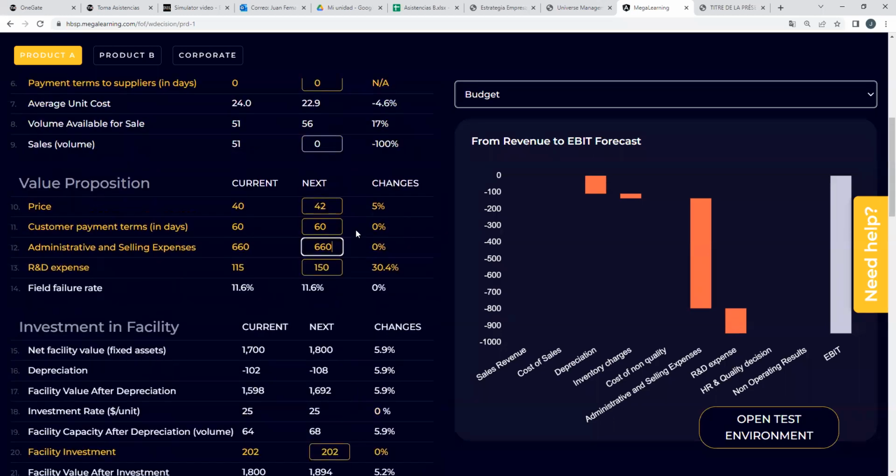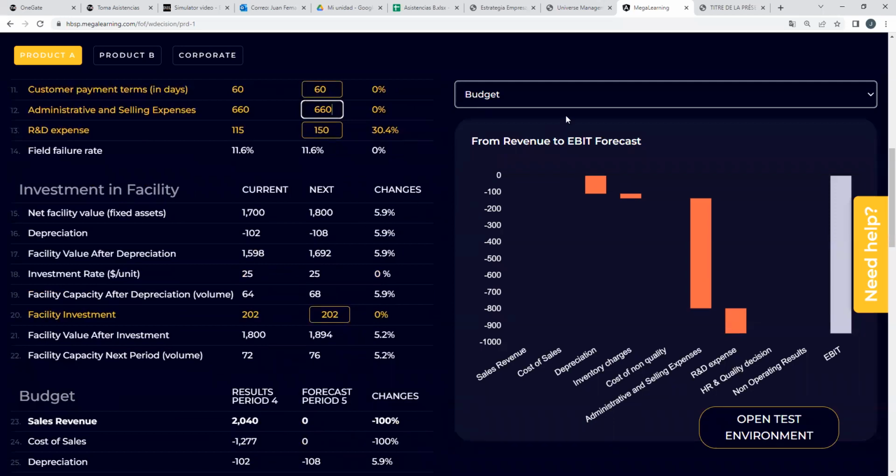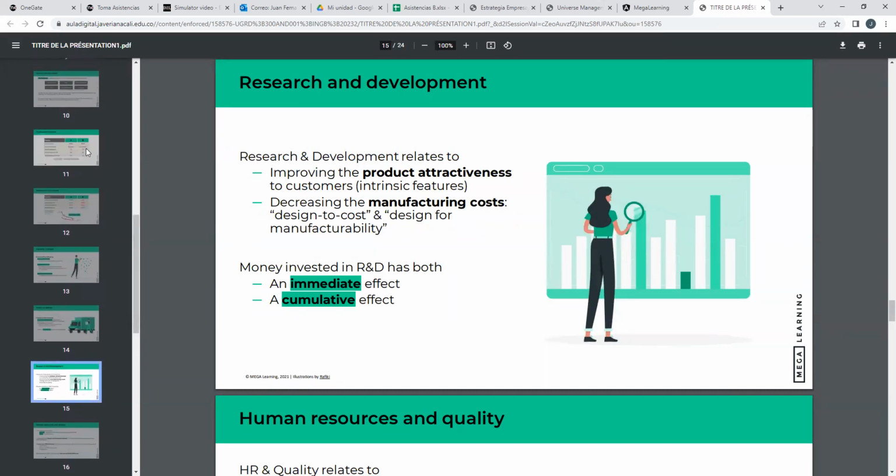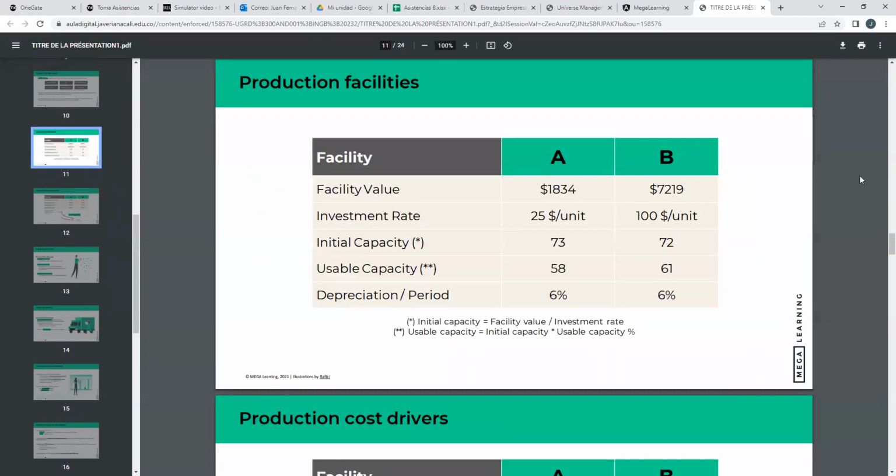Let's talk about facility investment. For facility investment, you have two factories.